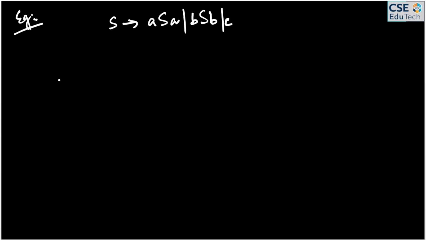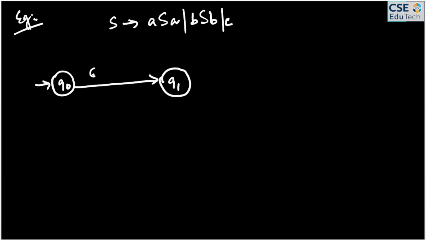This is the initial state Q0, and the initial move will be to Q1. Without reading any symbol, with stack top Z0, it will be replaced by S Z0. That means the start symbol S is pushed onto the stack.